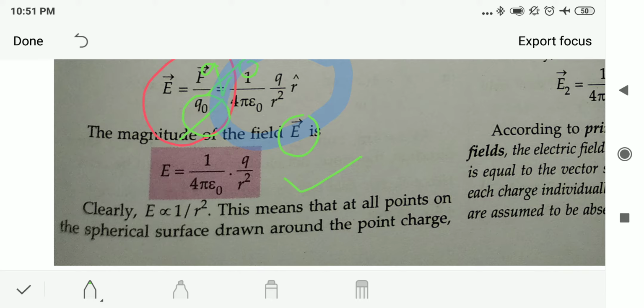This is the final result, and from it we can see that the electric field intensity is inversely proportional to r square.